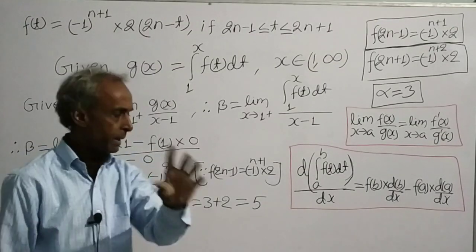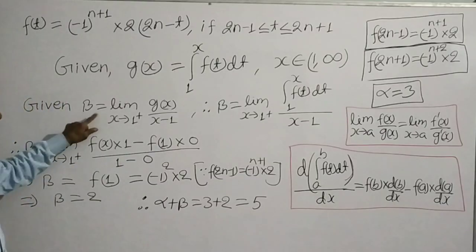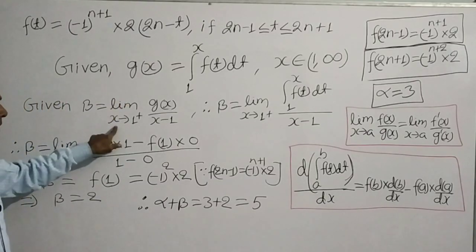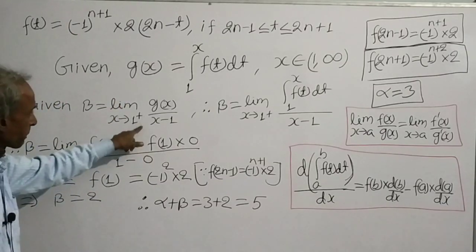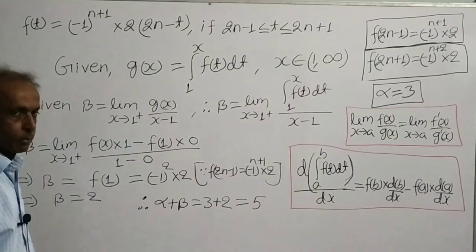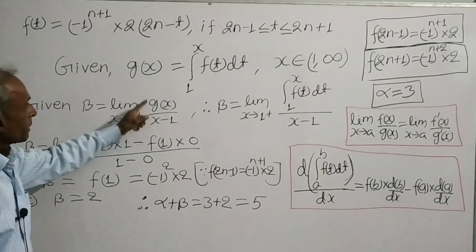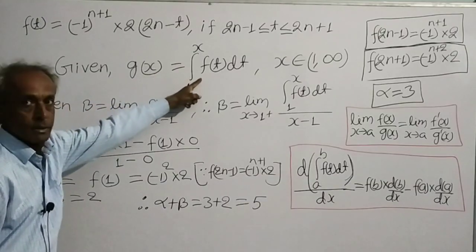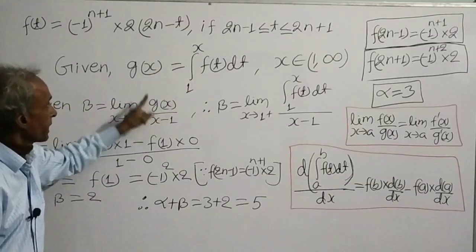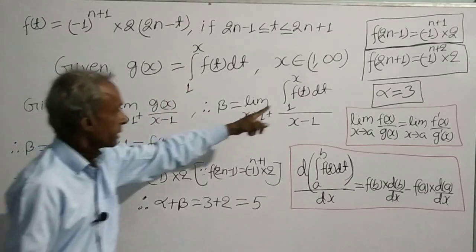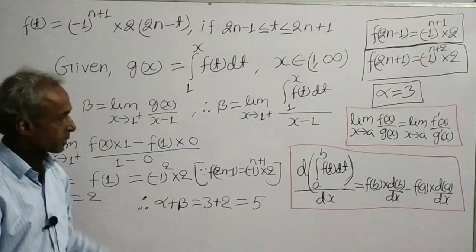Now, it is given in this question that beta is equal to the limit of g(x) by (x − 1) as x tends to 1 plus. When we put this integral in place of g(x), then we get this.